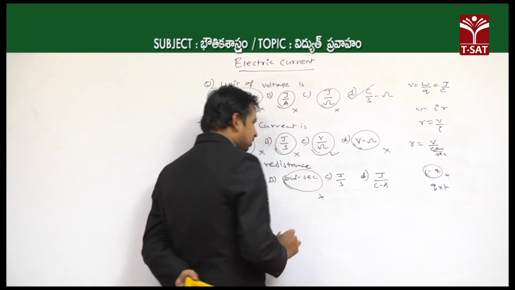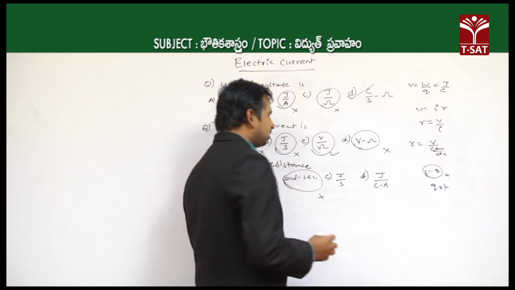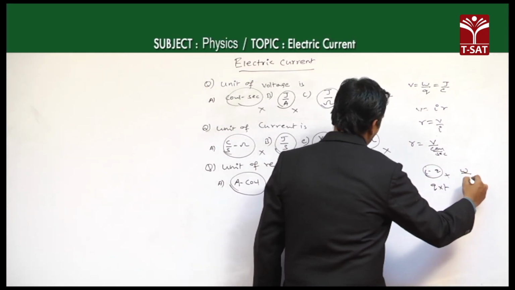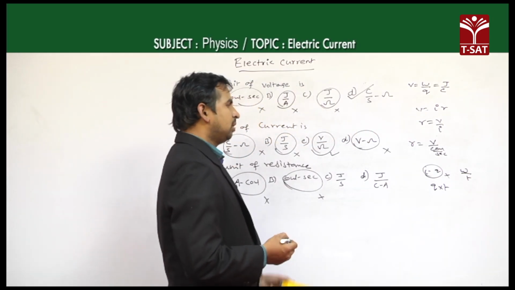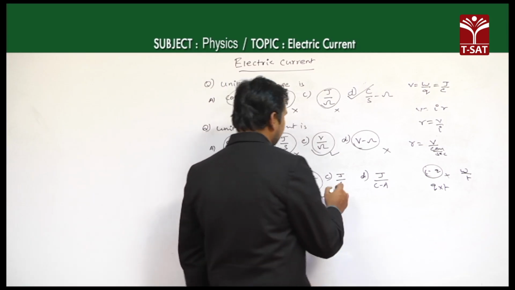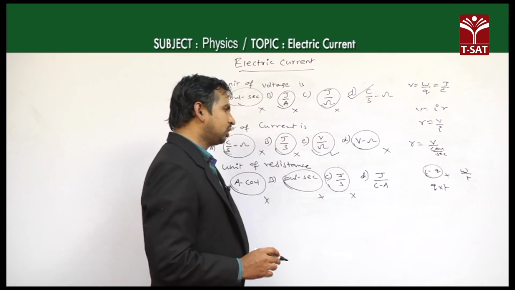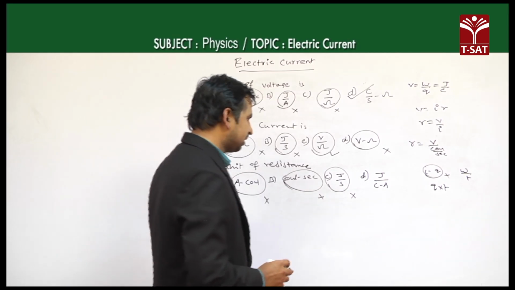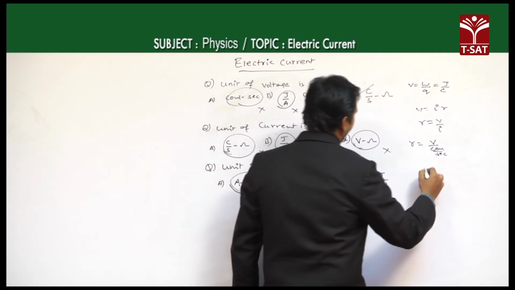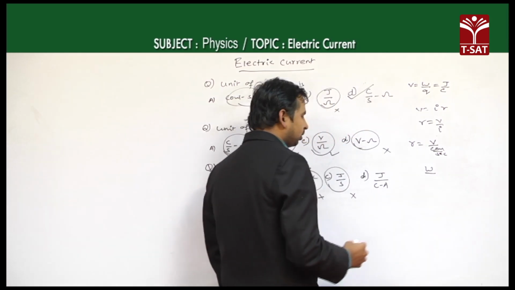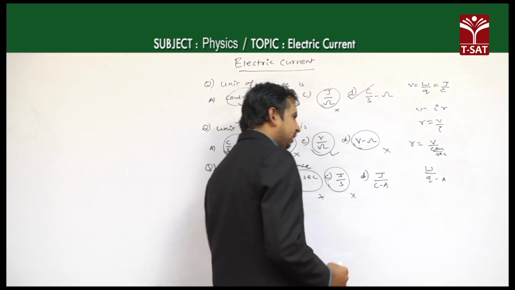Next we have joule per second, which is again work by time, for power. So this one is also wrong. Now come to option D, joule per coulomb ampere. Joule is work done, coulomb is Q, and ampere is current.